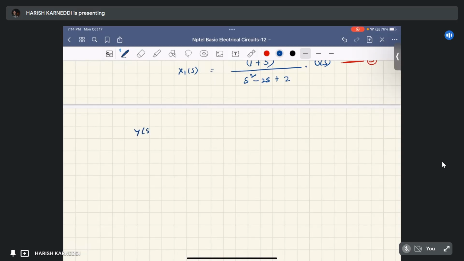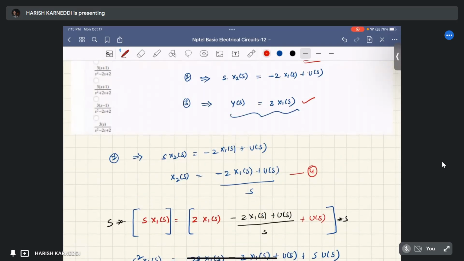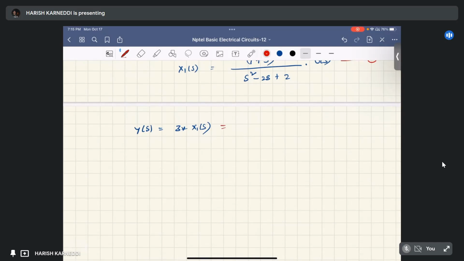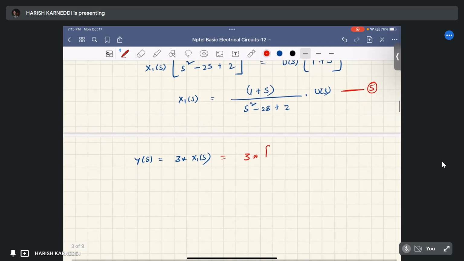Y of s equal to 3 into x1 of s. That's what we have here, no? Y of s equal to 3 into x1 of s. So the equation will become 3 into, instead of x1 of s, we are substituting equation 5. It will be 1 plus s by s square minus 2s plus 2 into u of s.